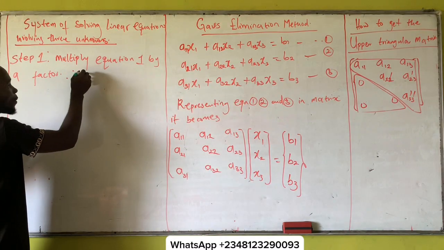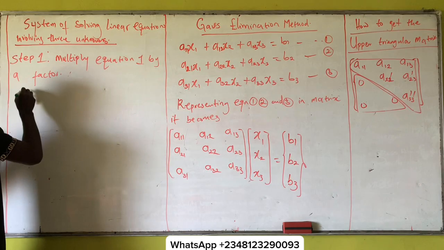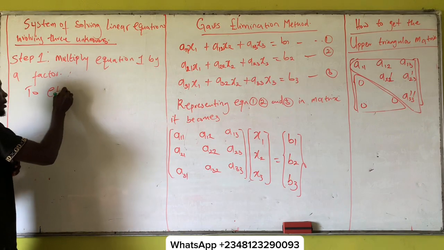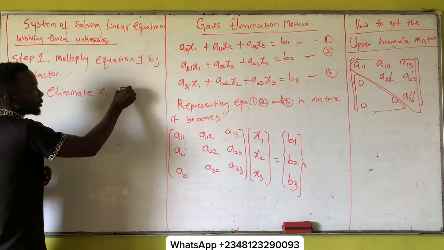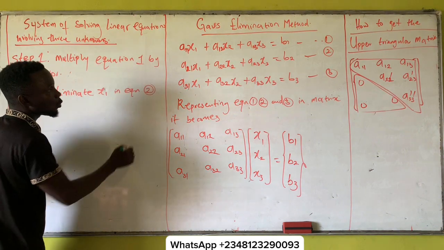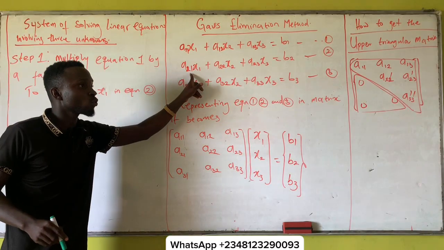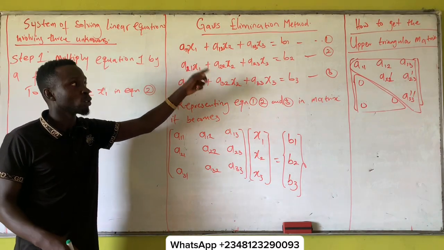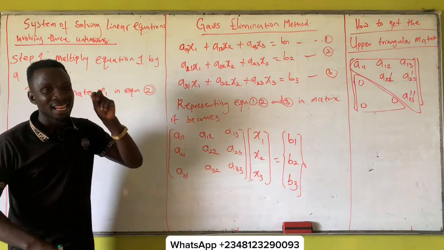To eliminate x1 in equation 2, the factor we are going to use is A21, that is the coefficient of x1 in equation 2, over the coefficient of x1 in equation 1, to multiply equation 1.